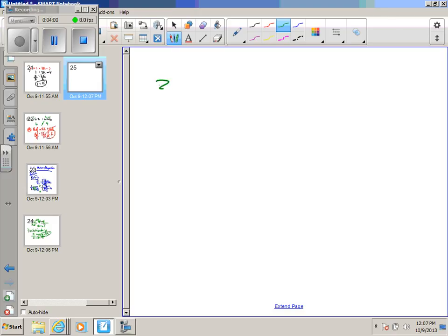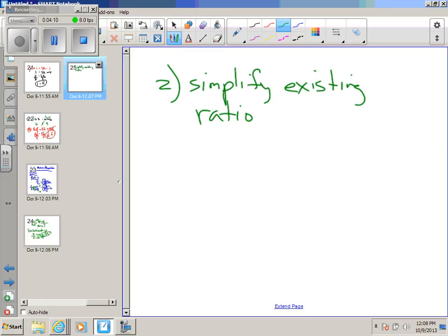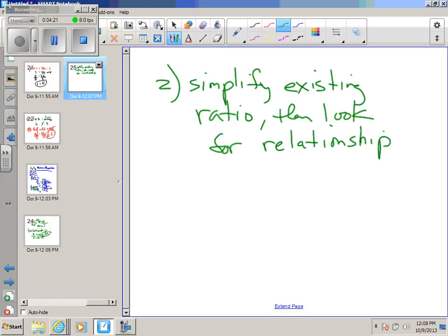There's also another one. Simplify an existing ratio and look for an existing relationship.